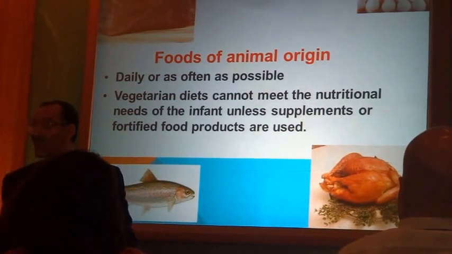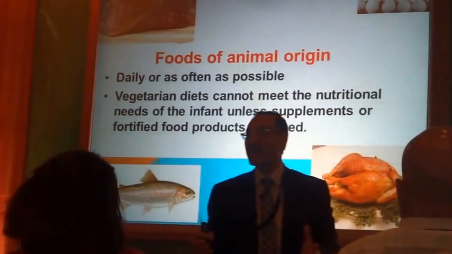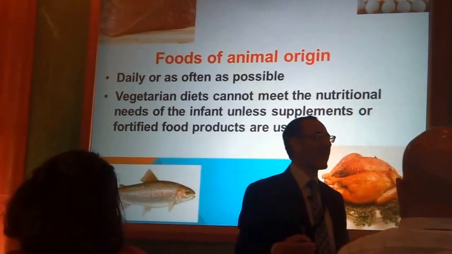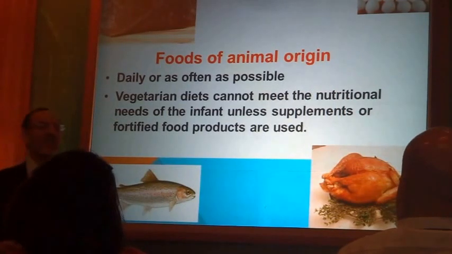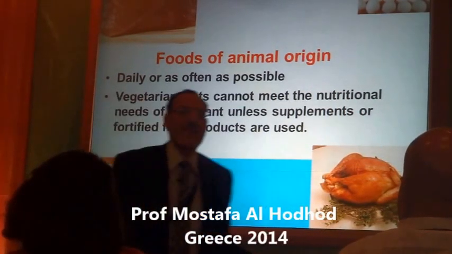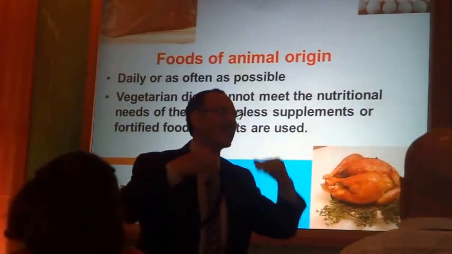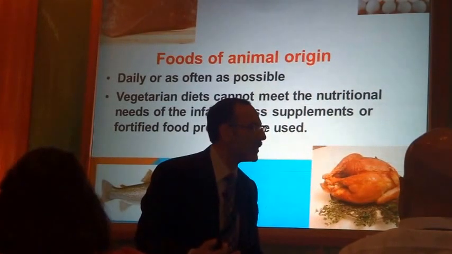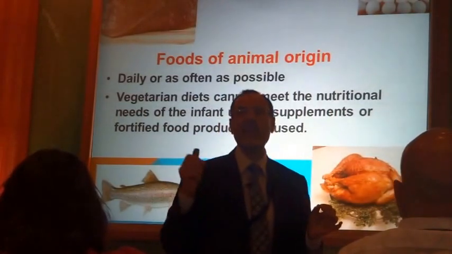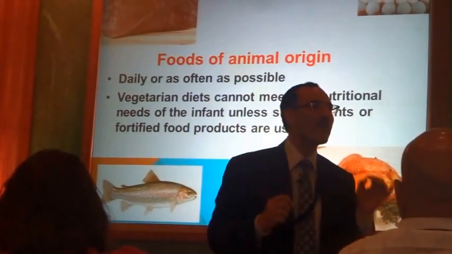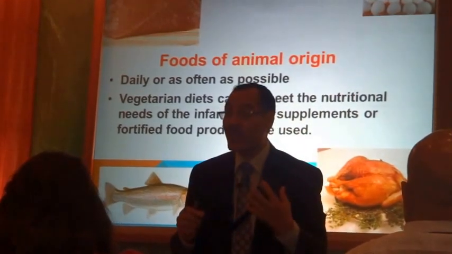But in fact, there is some turbulence in the current knowledge: fish can be given after the age of 6 months, eggs can be given after the age of 6 months, and if allergy develops, this will be an individual case, just take care and watch for the signs of allergy that can occur. Try it. Nothing is wrong with trying it. And many of the foods that were accused of being allergic are proven to be histamine releasers rather than true allergic disease.